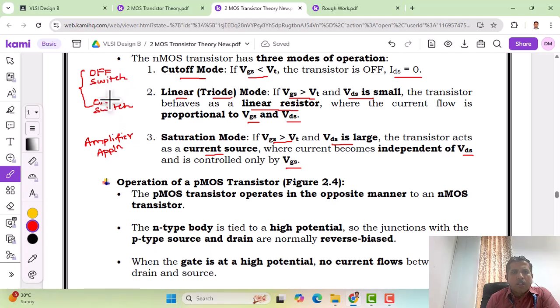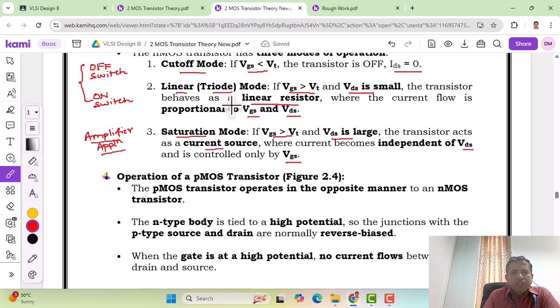The transistor switches from off to on to off at a very high speed. So generally this happens in a computer. Whereas if you want to use a MOSFET, NMOS or PMOS, as an amplifier, we must operate in the saturation mode. And so far we have discussed the transistor operation considering the NMOS transistor.